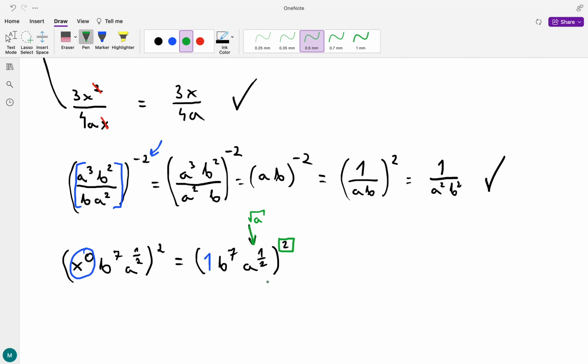And a rule of thumb to remember, whenever you square a square root, that just becomes the number underneath the radical. Just something to keep in mind. Okay, so let's apply the second power to all of the things inside parentheses. So b to the power 7 squared is b to the power of 7 times 2, which is b to the power of 14. And we already covered that. That's simply a, and that's the simplest form. That wasn't too bad, was it?